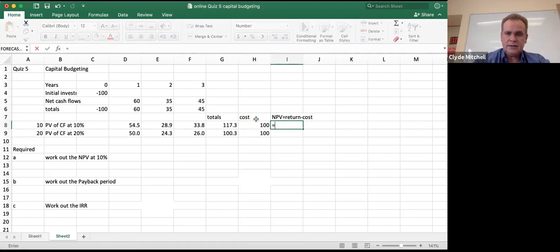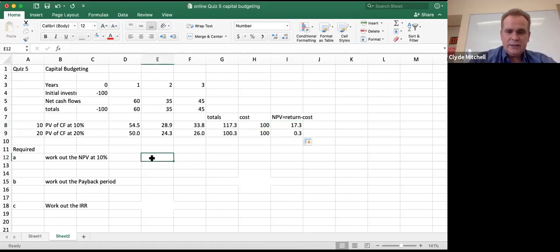Okay, so if I take the returns and I subtract the cost, I get $17 at 10%, and at 20%, it's only 30 cents. So what is the net present value at 10%? Well, the answer is going to be the $17. It's a positive net present value.